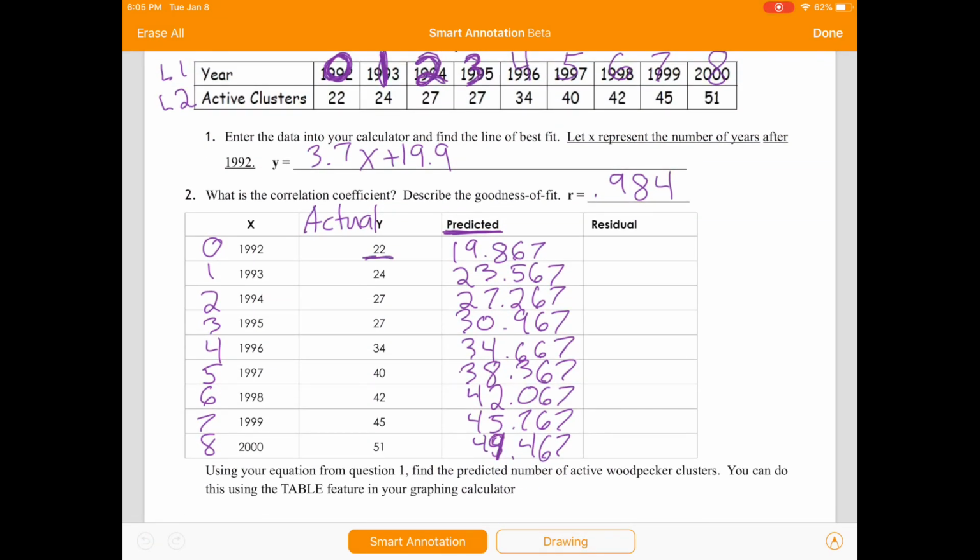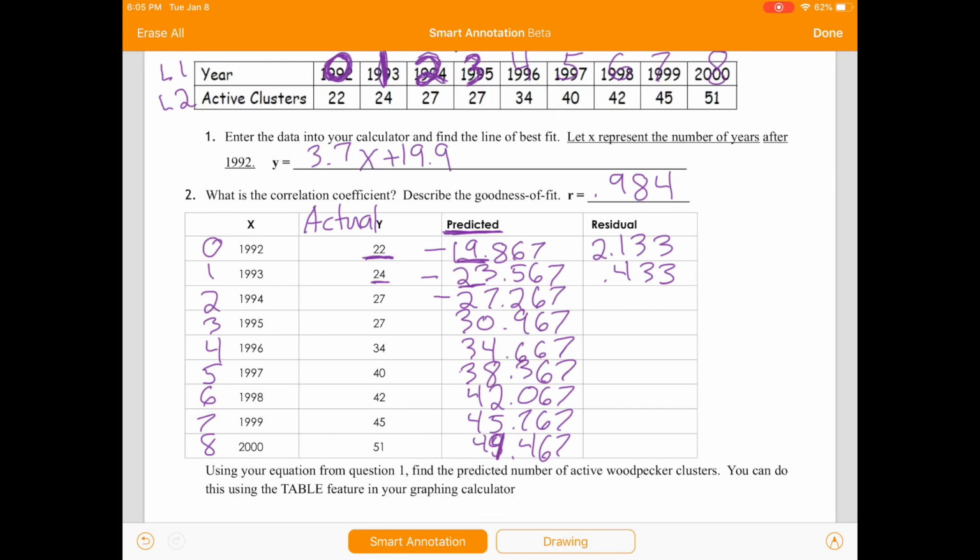So we're taking our actual, which is 22, subtract our predicted, and we would get 2.133. So the next one, we would get 24, subtract 23.567. You would have a 0.433.